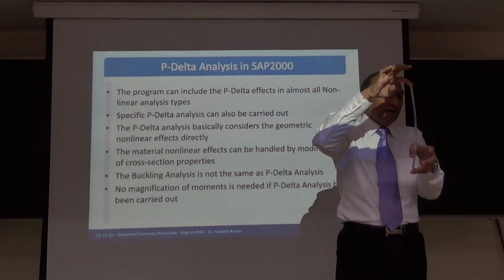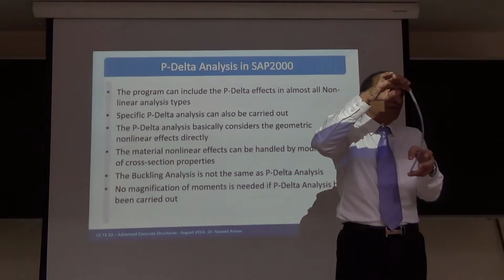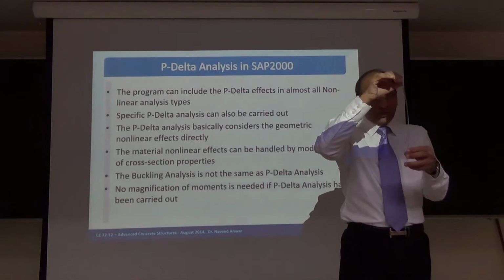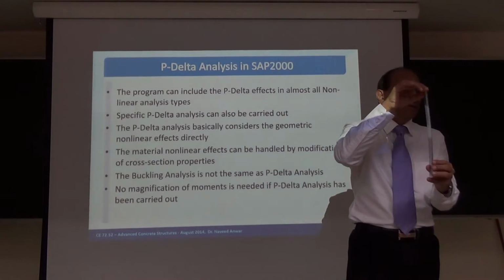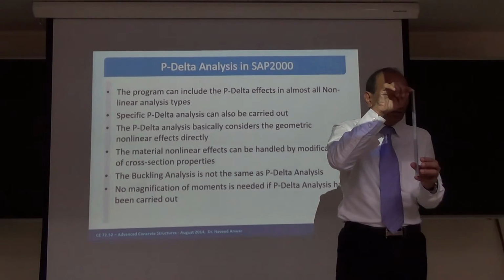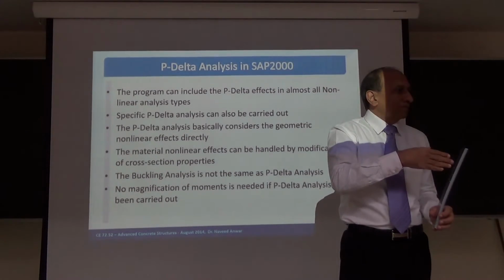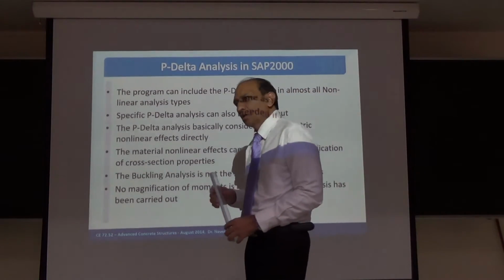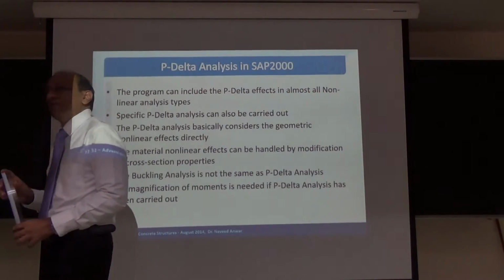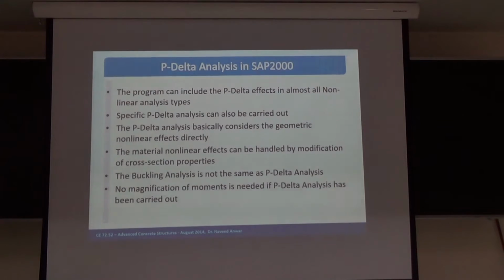But buckling means that it will continue to carry the load, but the deformation will be so large that it will become unstable. So suddenly, this is too flexible, but normally what happens is that the structure will continue to carry the load, straight member, and suddenly it will fail. Not fail, it is not called failure. Suddenly it will deform a lot, but will continue to carry that load.